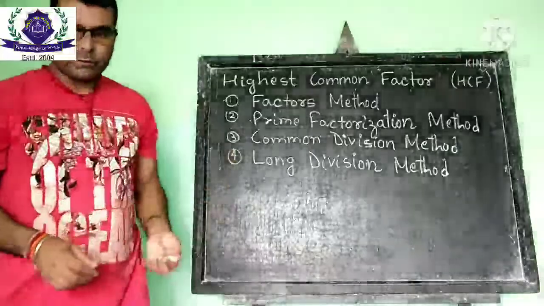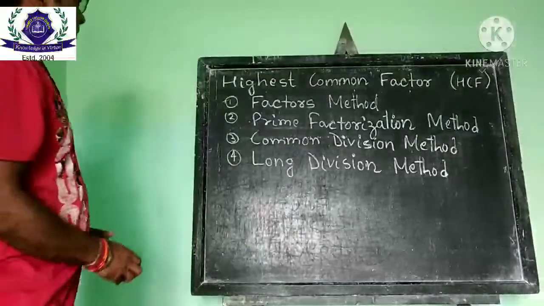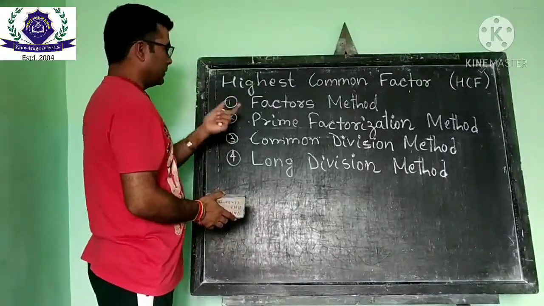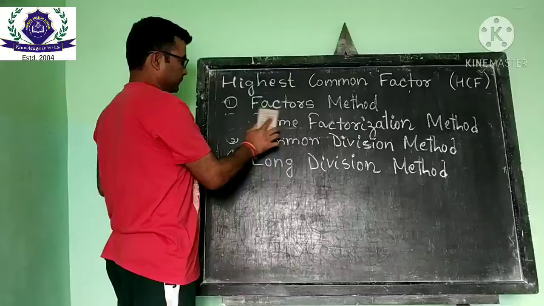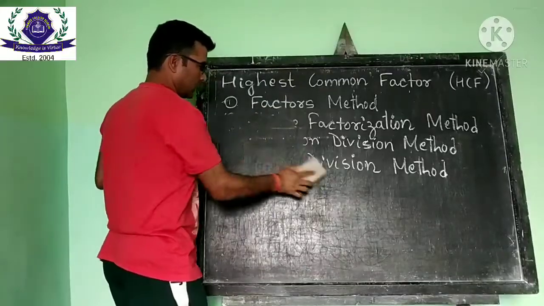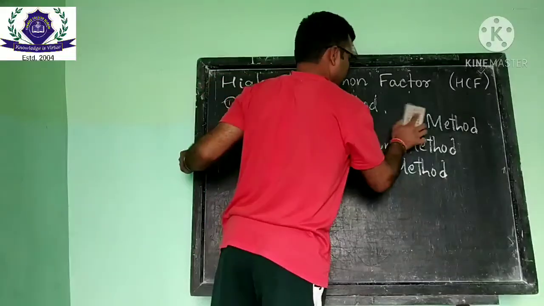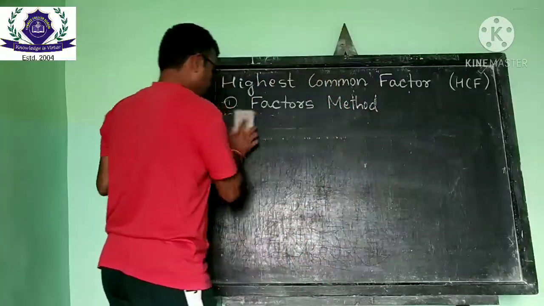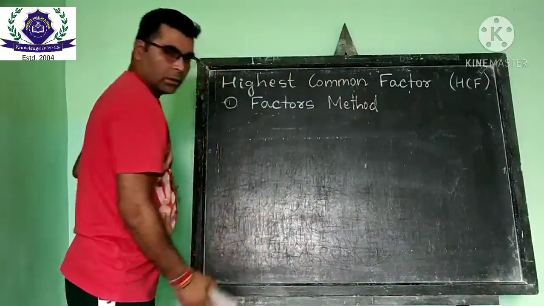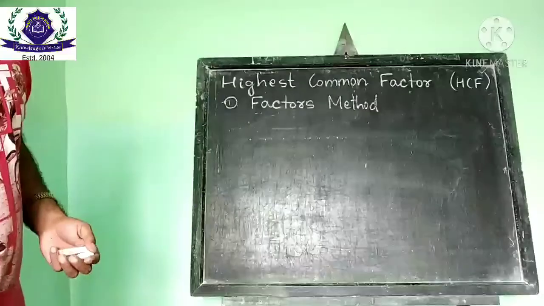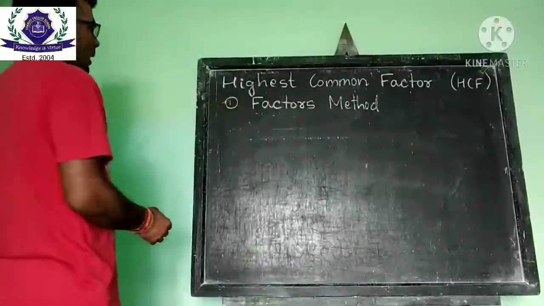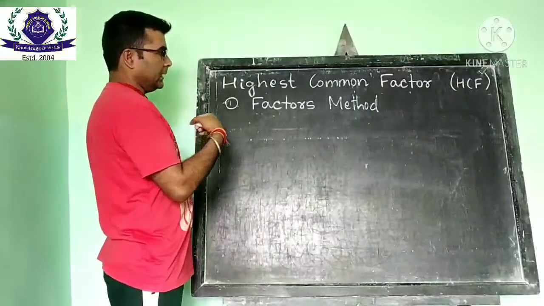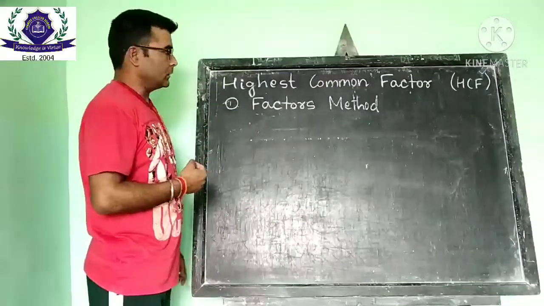So first of all, let us find HCF using factors method. Here we have to find the factors of each number that is given to find HCF.